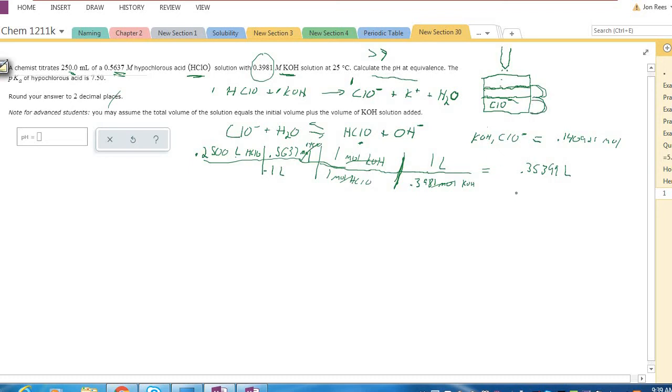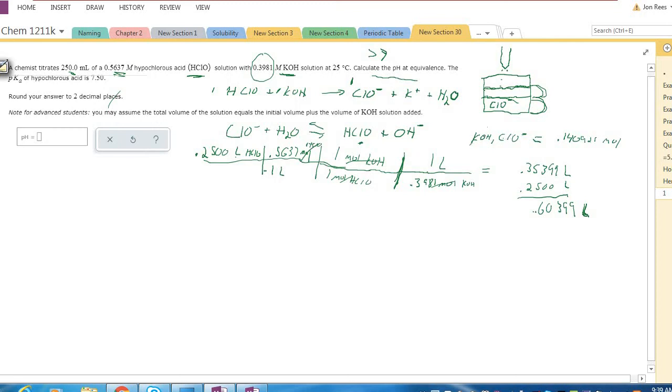So I'm just going to add it to the original 250 milliliters, or 0.2500 liters. And when I do that math, then I get that this new volume is 0.60399 liters.